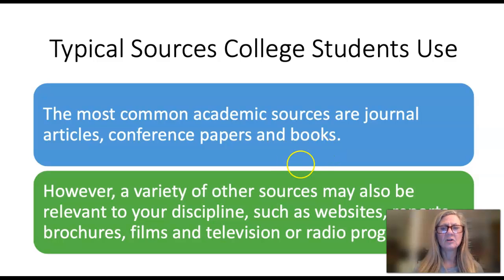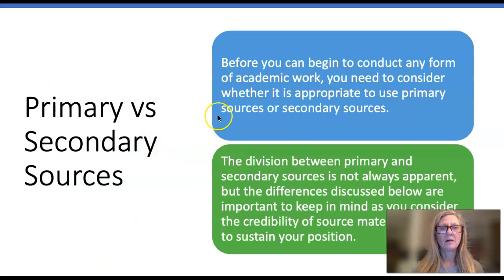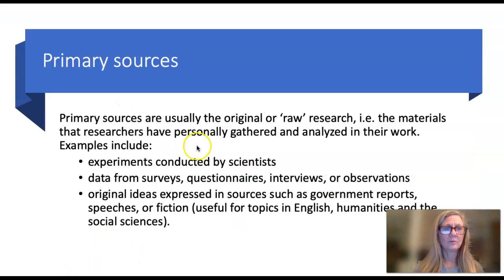but occasionally you're going to be asked to use websites, brochures, even blogs. But these in this blue box are most typical when you're in college. And one other aspect we want to talk about is the difference between a primary source and a secondary source. Primary sources are what we call the original material.